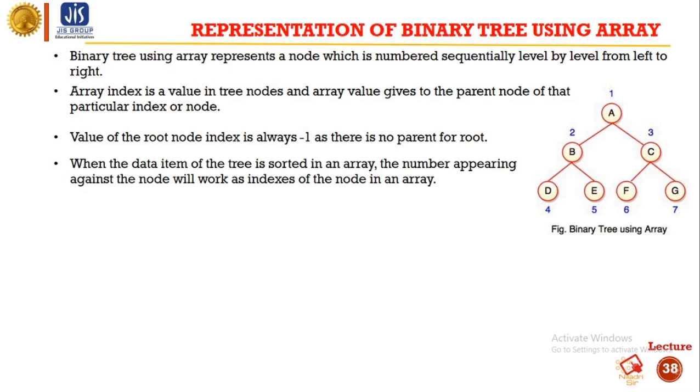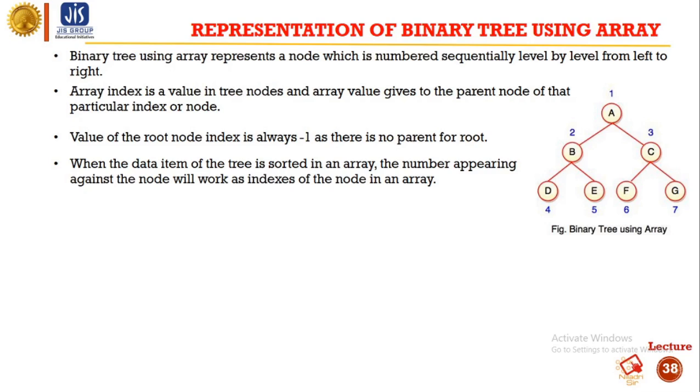Here you can see that the index value of the left child is 2. From the root we will move to the left and after that to the right. So the left child of A, that is B, is indexed as 2 and the right child of A, that is C, is indexed as 3. Again B has two children.